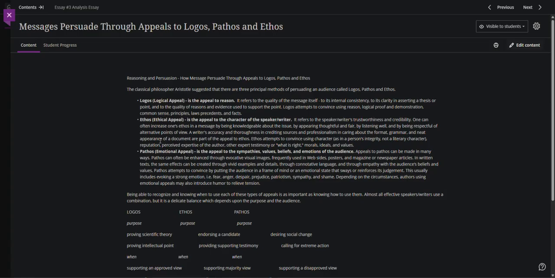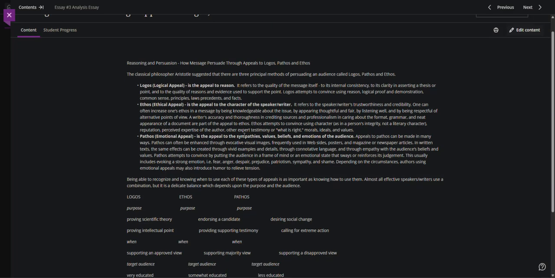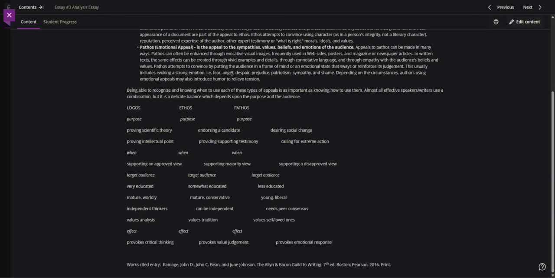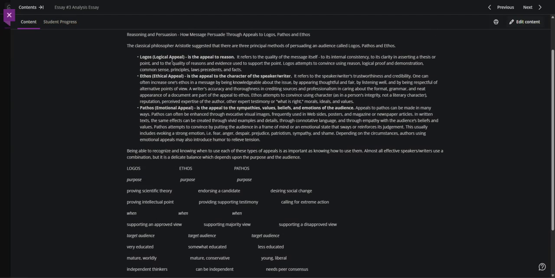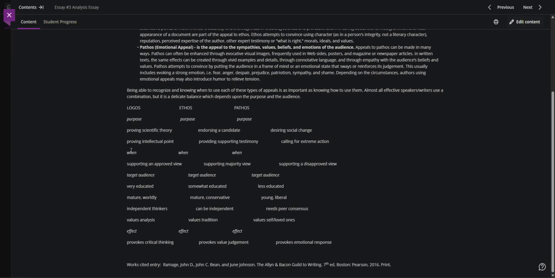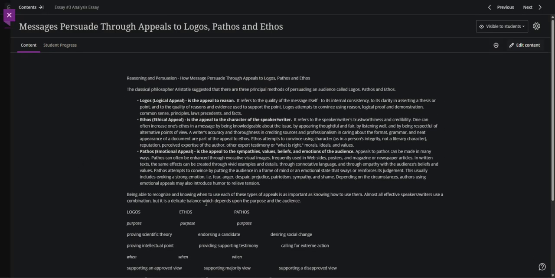And those are the three principal methods of persuading an audience. This table here is kind of a little screwed up. It basically goes like this, but the bigger and more important information is really up here. It's basically a basic introduction to pathos, logos, and ethos.